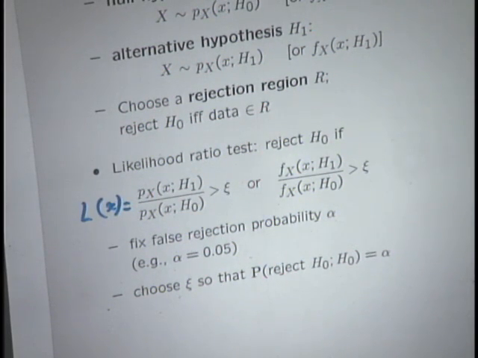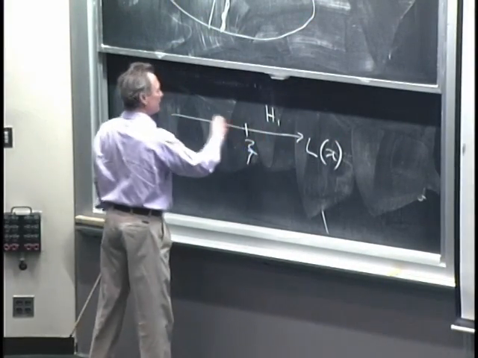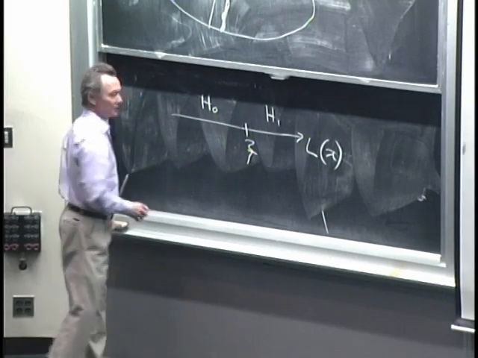That is, you had your data that was some kind of vector, and you condense your data into a single number, a statistic as it's called, in this case the likelihood ratio, and you put a dividing point somewhere here, call it Xi, and in this region you accept H1, in this region you accept H0.